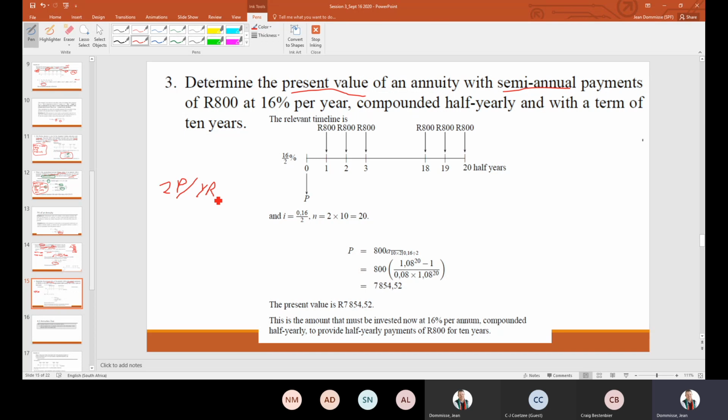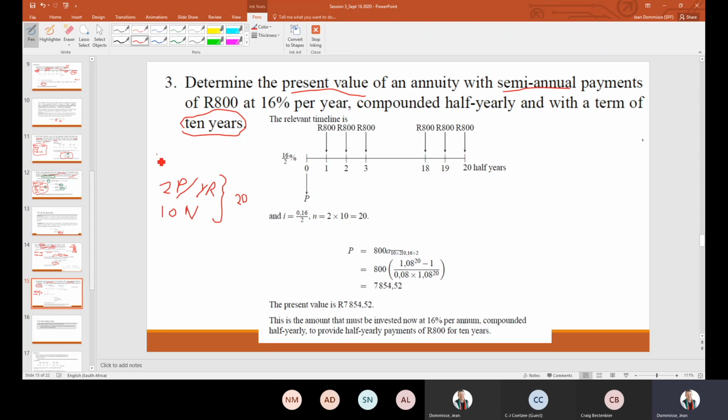Some of these highly English words also confuse me sometimes, but it is 2 times per year. They tell us it is for 10 years. So we know it is basically 10 N. So the number of periods will be 20, because it is 2 times 10.